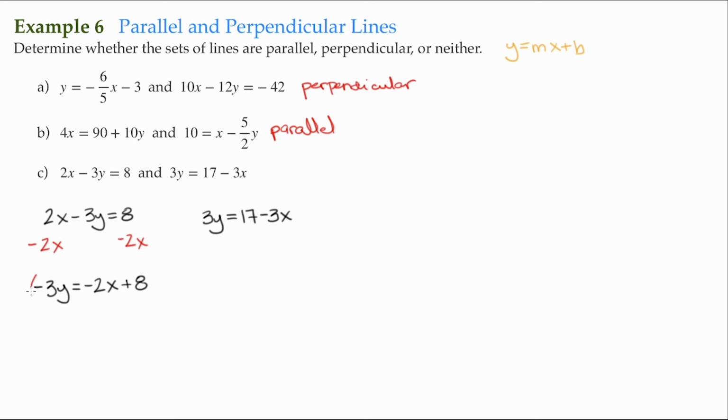We can then multiply either side or the whole thing by negative 1/3. Negative 1/3 times negative 3y leaves us with y. Negative 1/3 times negative 2x, that's positive 2/3 x. And negative 1/3 times 8, that's negative 8/3.